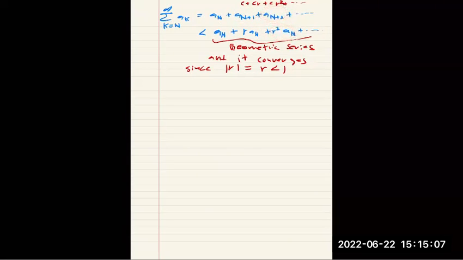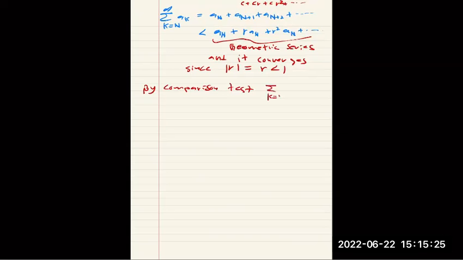So we can apply the comparison test. Since this bigger series converges, the smaller series also converges by the comparison test. So the sum from k equals N to infinity of a_k converges.